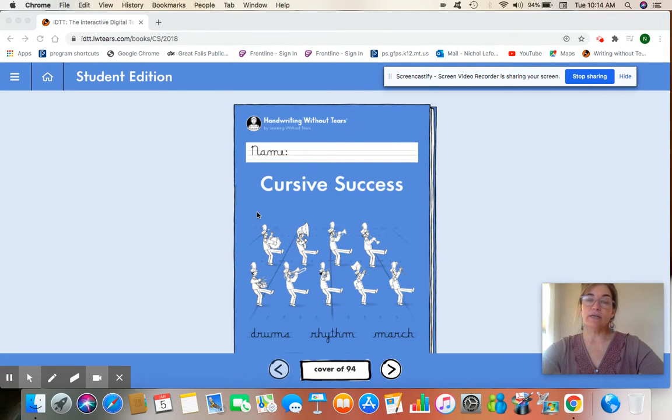We're going to start by going through the first couple pages of this notebook. You should feel pretty comfortable with printed handwriting now that you're in fourth grade, but we're going to continue creating our own style of cursive handwriting. This is going to take a little more time and a little more practice.